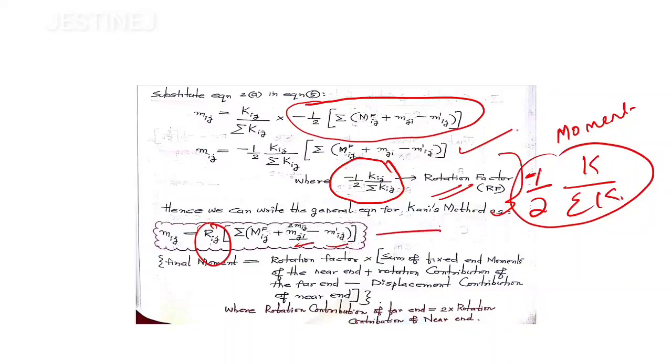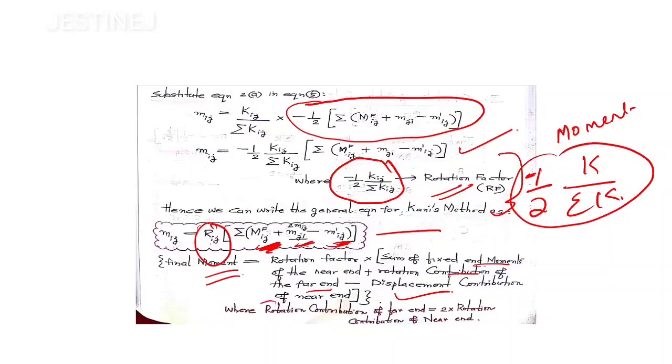Here you can state the final statement: the final moment equals the rotation factor Rij multiplied by the summation of the fixed end moment of the near end ij, plus the rotation contribution of the far end Mji, minus the displacement contribution of the near end M dash ij. That is the final statement.